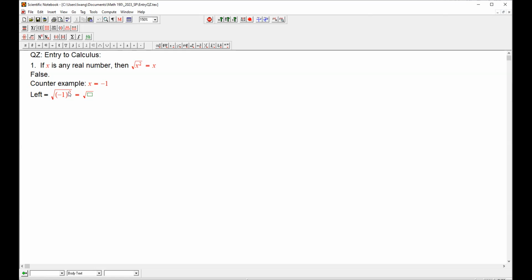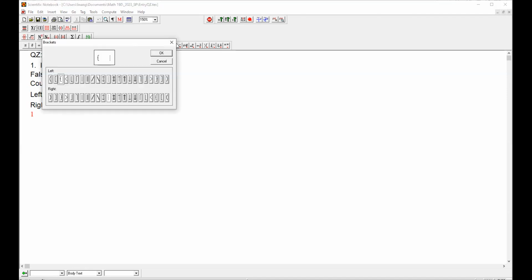By order of operation, we do the -1 squared first. That's going to be +1, and the square root of 1 is +1. And the right-hand side is going to be -1. Obviously, +1 does not equal -1. Therefore, this statement is false.